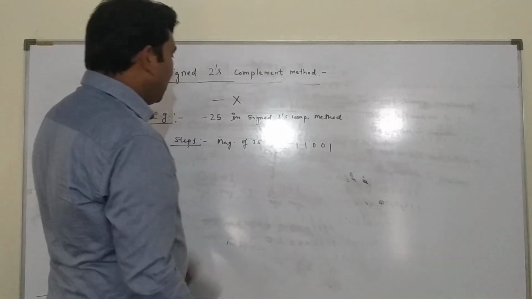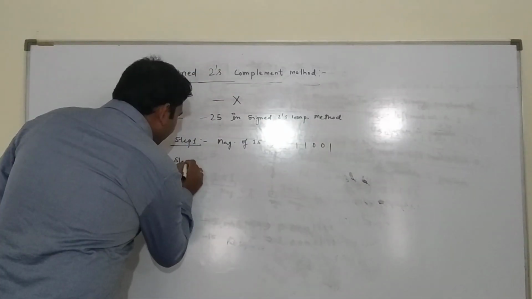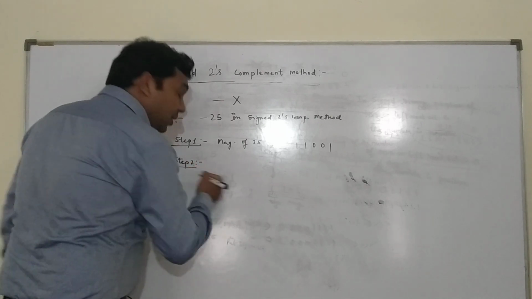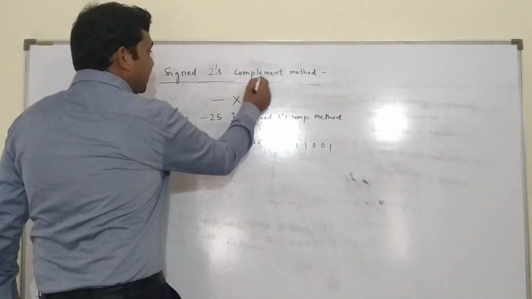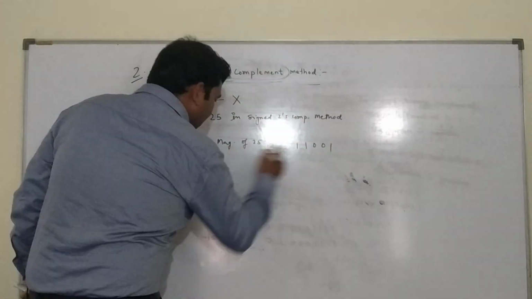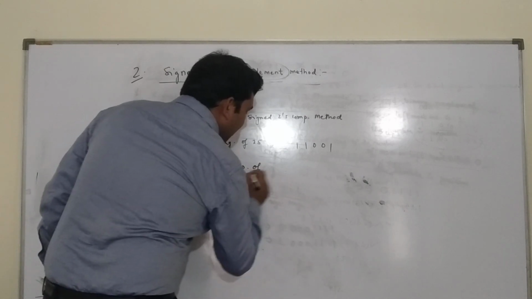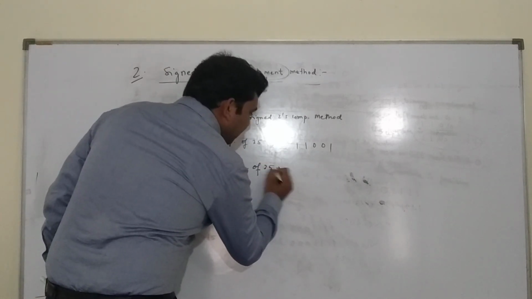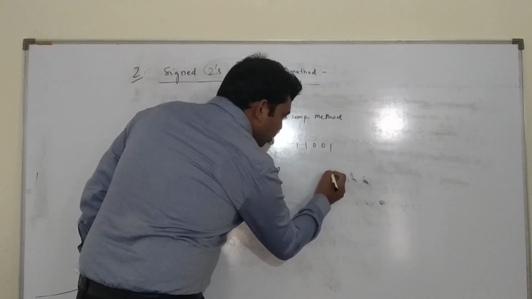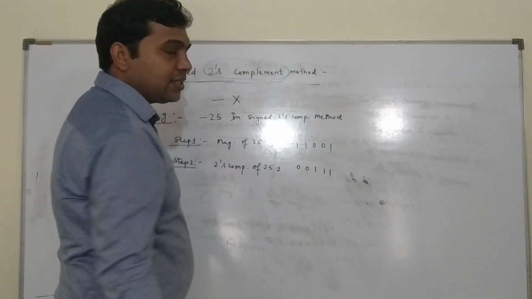Now take the twos complement. Step number 2 is different. Here, instead of ones complement, since this method is twos complement, take the twos complement of this magnitude. The twos complement of 25 is 11100.